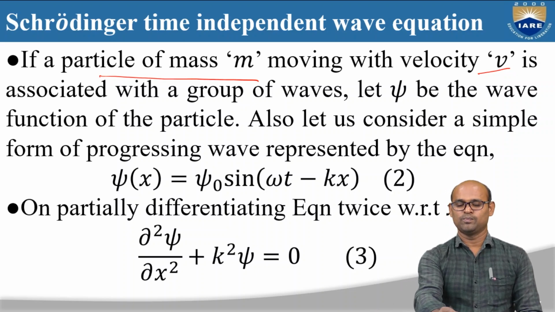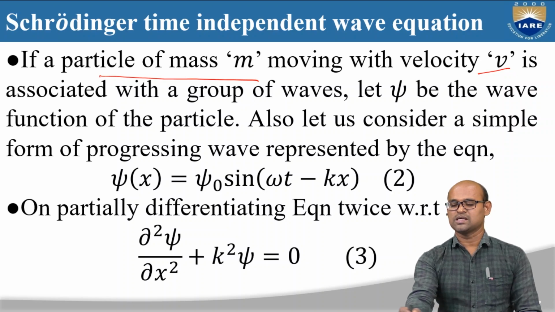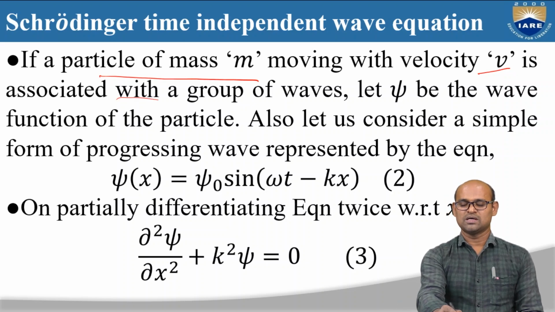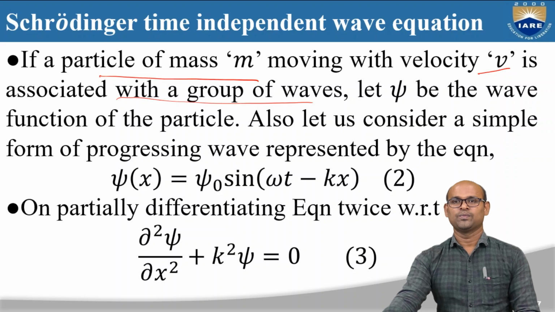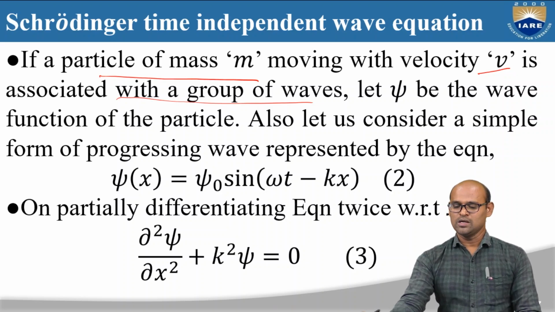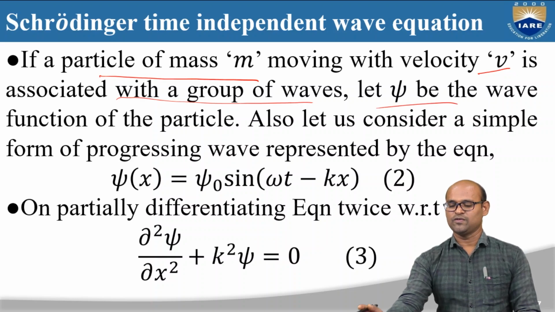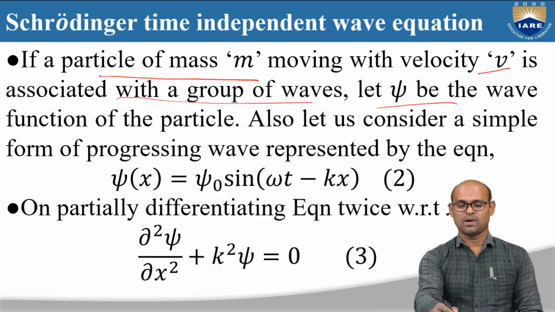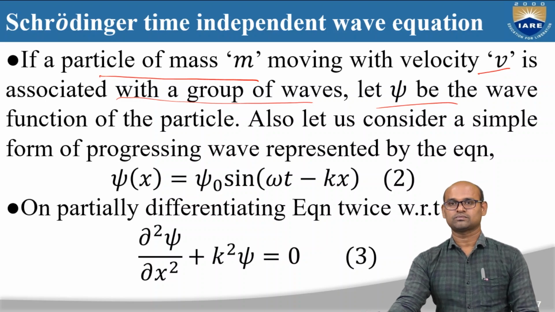So if this microparticle has mass m and moves with velocity v, it must have its matter waves, and we represent these matter waves by a wave group. To understand these matter waves, we define the wave function psi for this particle of mass m.